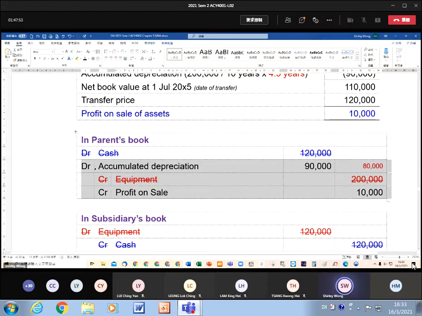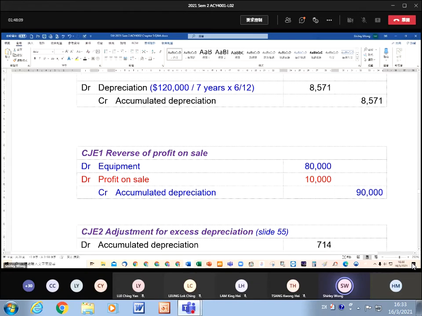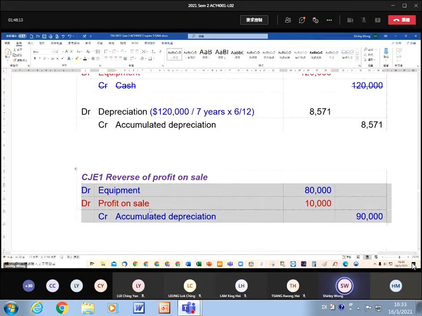How to reverse it? For accumulated depreciation, originally it is debit, we will credit. For profit, originally it is credit, we will debit. For the equipment, we still have credit in the equipment for 80,000, then we will debit. So finally, CJE number 1 will be debit equipment, debit profit, and credit accumulated depreciation.